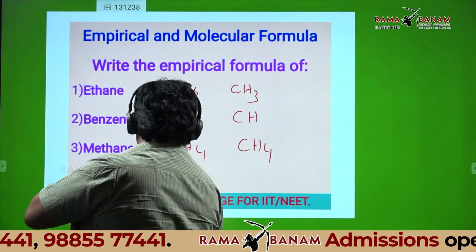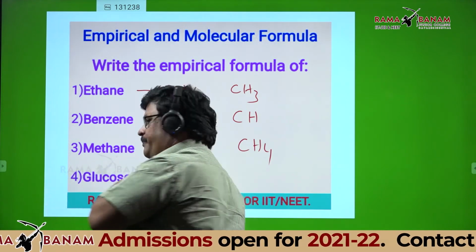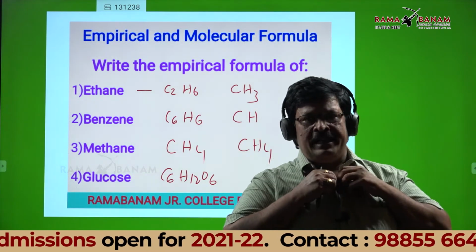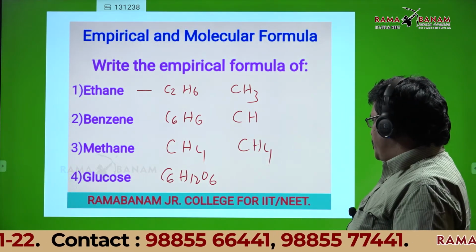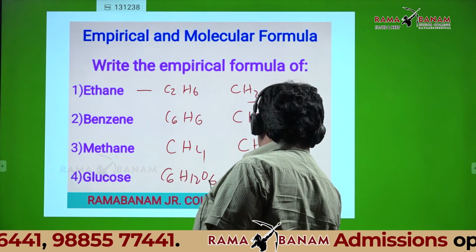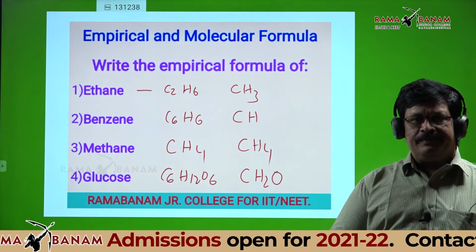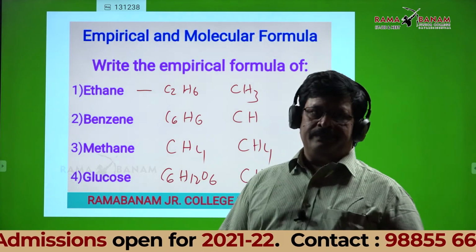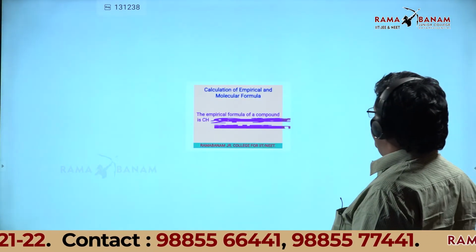And glucose is C6H12O6. So the simple ratio is 1 to 2 to 1, and the empirical formula is CH2O. Any doubt in this, students? No, sir.